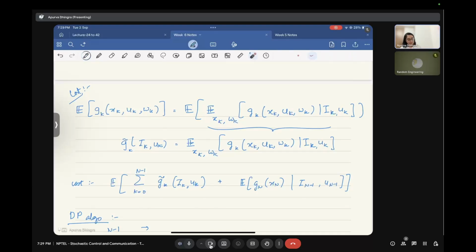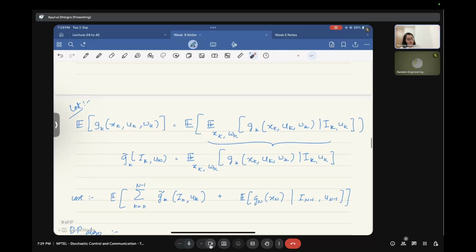So the expected cost, one of the terms in the expected cost is the stage wise cost. You notice our WK is basically the observation ZK, and ZK has a conditional Markov behavior. That conditional Markov behavior needs to show up here, which is how we would deal with it.